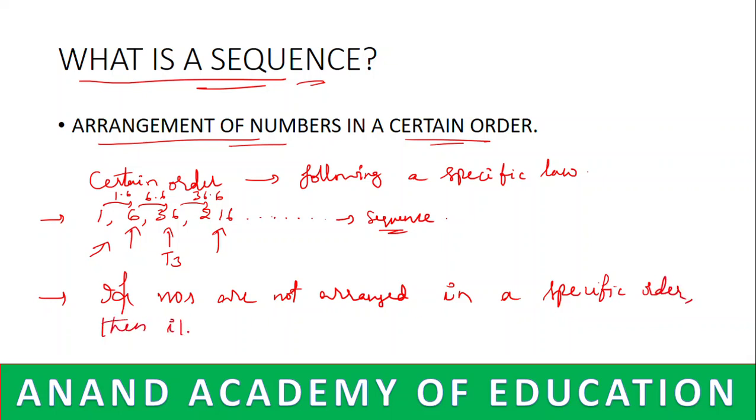It is as simple as that. A sequence is a very basic, very easy thing. So what is a sequence? A sequence is nothing but an arrangement of numbers in a certain order.